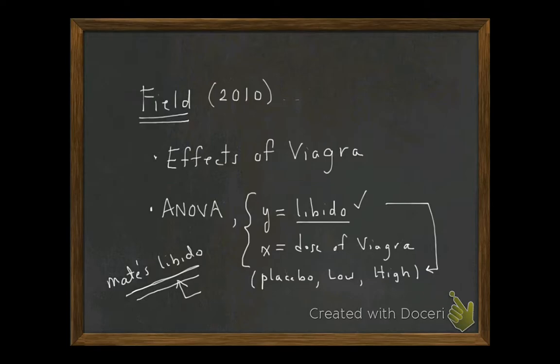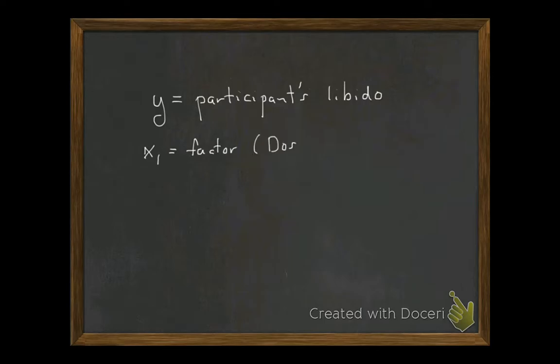Okay. Now let's just formulate what we are doing here. We have the participants' libido, and I really don't know how they measured that, but we'll take a look at that.